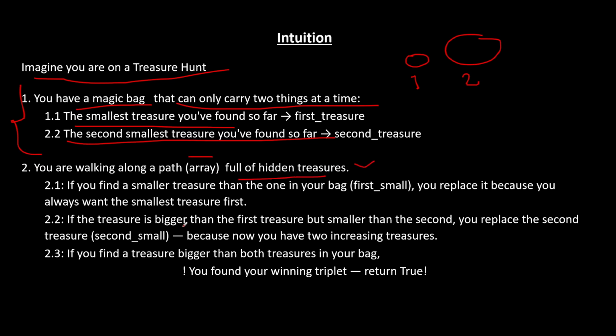which is basically the numbers. If you find a smaller treasure, then we will put it in the first bag, and we will replace it, because you always want the smallest treasure first, right?